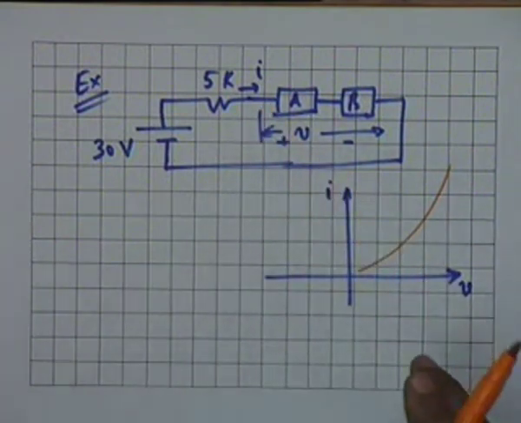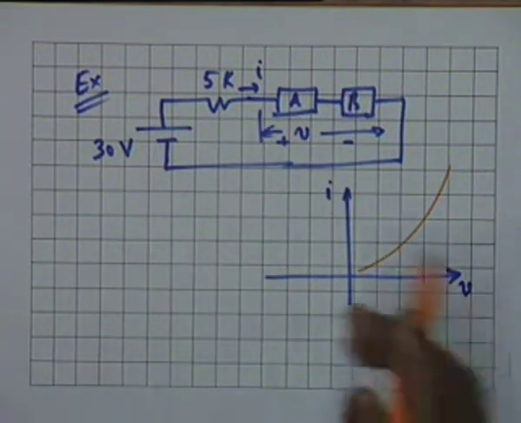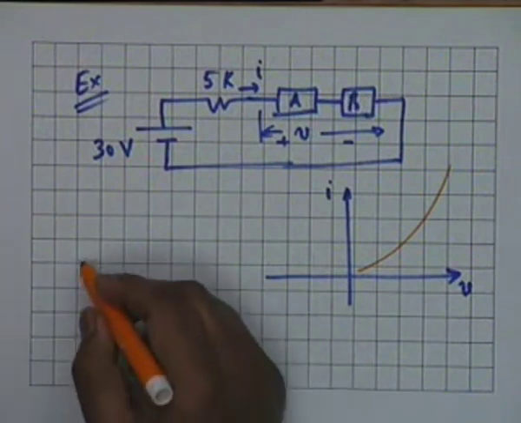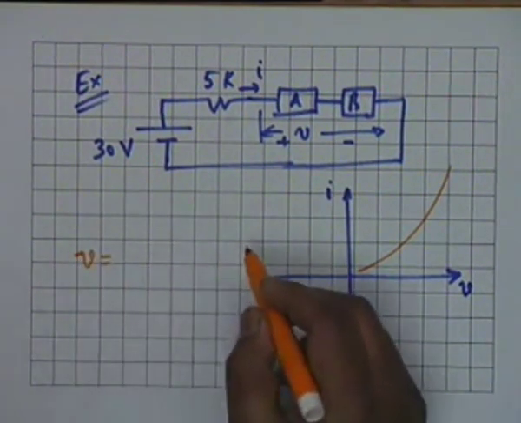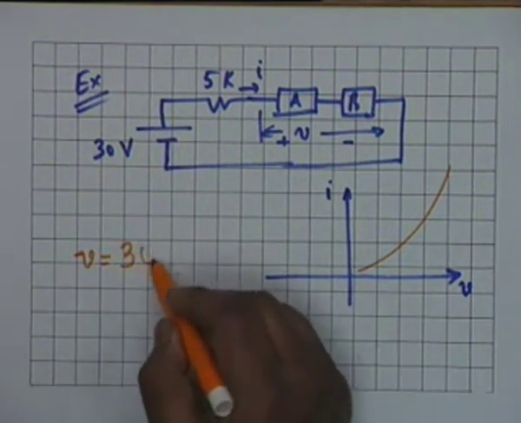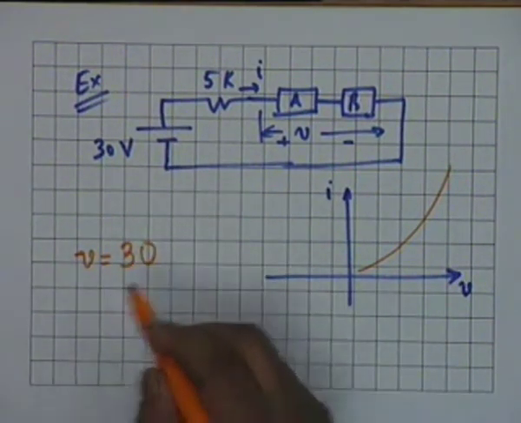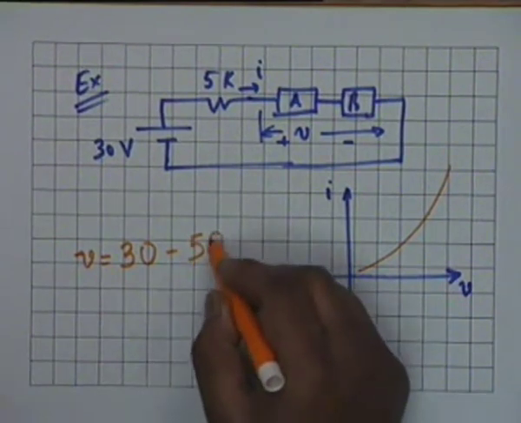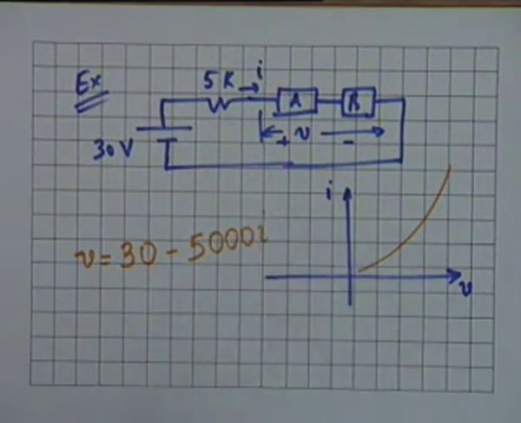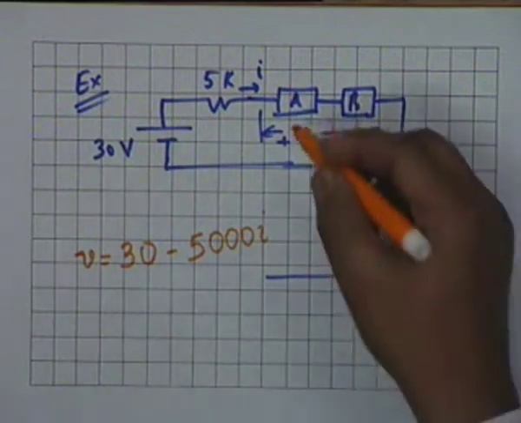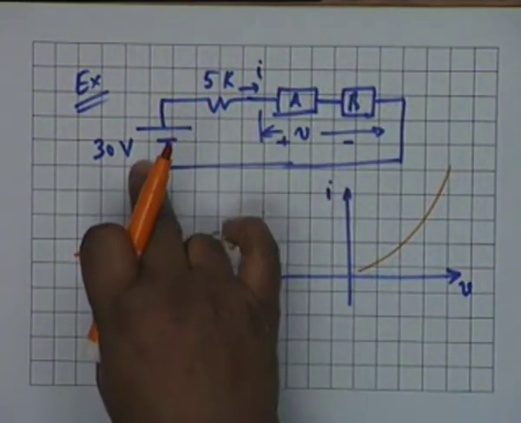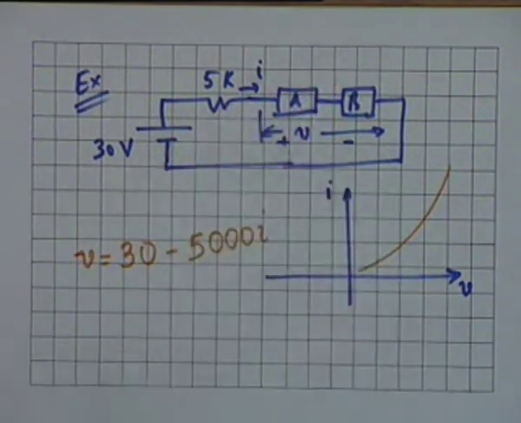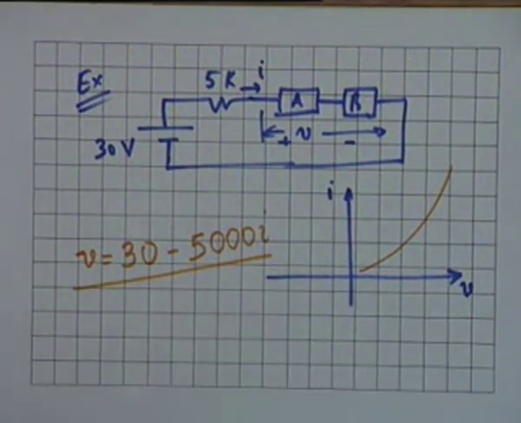I versus V is one characteristic; the other, the load line, is given by V equal to 30 volt minus 5000 I. Is that okay? This voltage V is equal to the source voltage 30 minus the drop in 5K, that is 5000 times I. And you have to plot this line also.